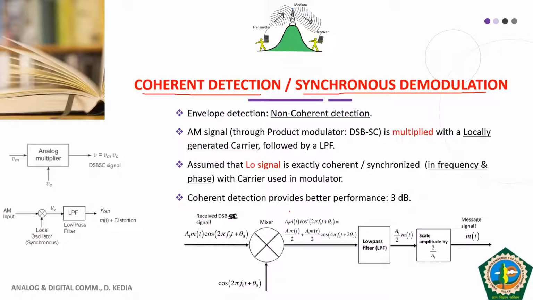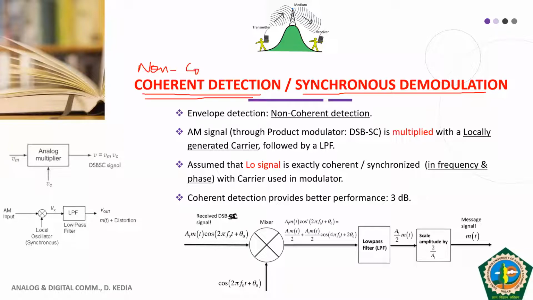Let me clarify. Normally, detection means demodulation. You already know it. Detection or demodulation is of two types. One type we call coherent detection, and another type is non-coherent detection.